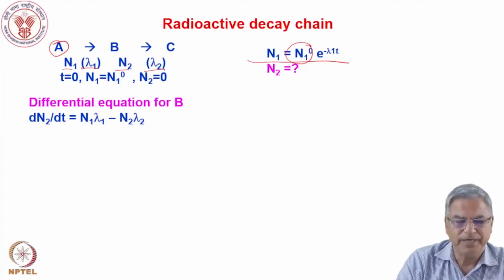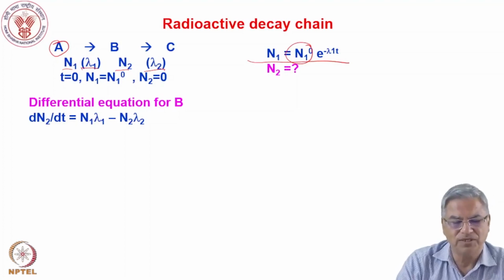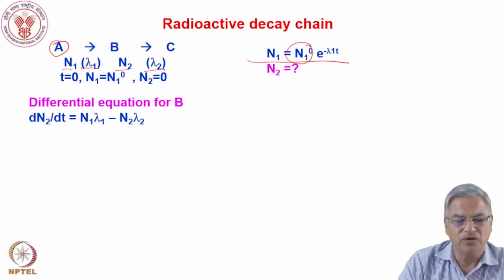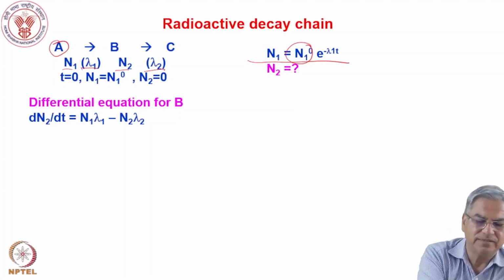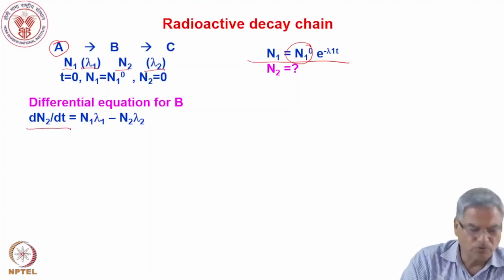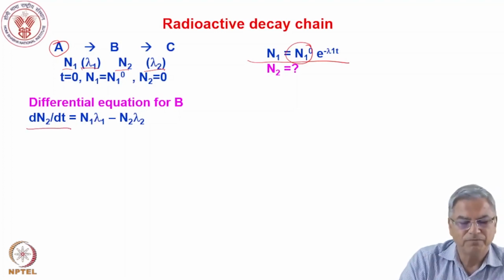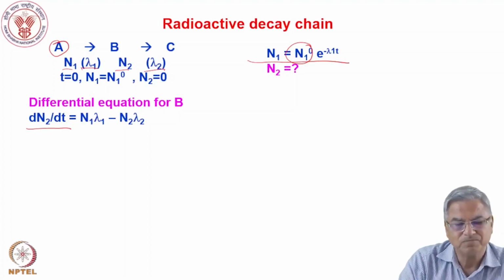So we set up a differential equation for the number of atoms of B, how it changes with time, and solve that equation to find out at any point of time t how the number of atoms, and hence the activity of B, changes with time. The rate of change of number of atoms of B will be given by dN2 by dt.